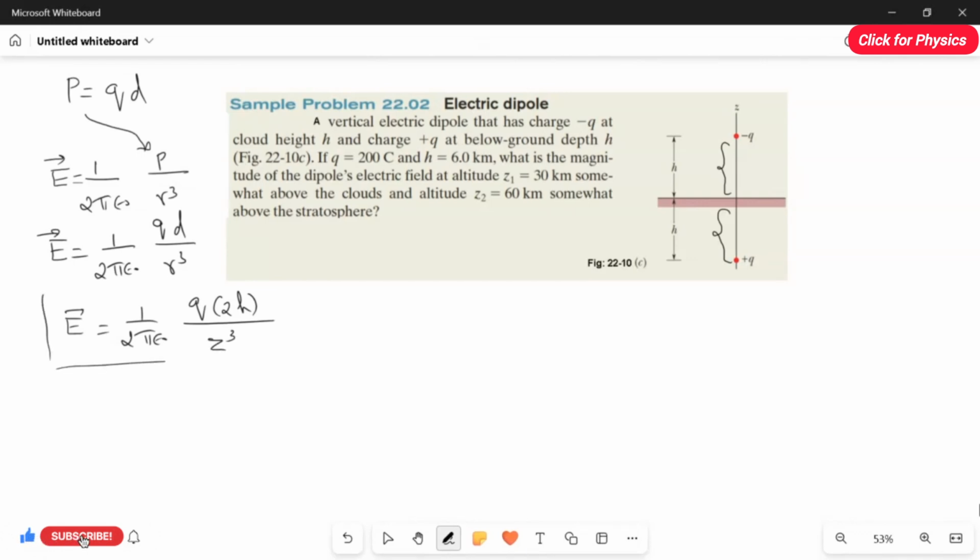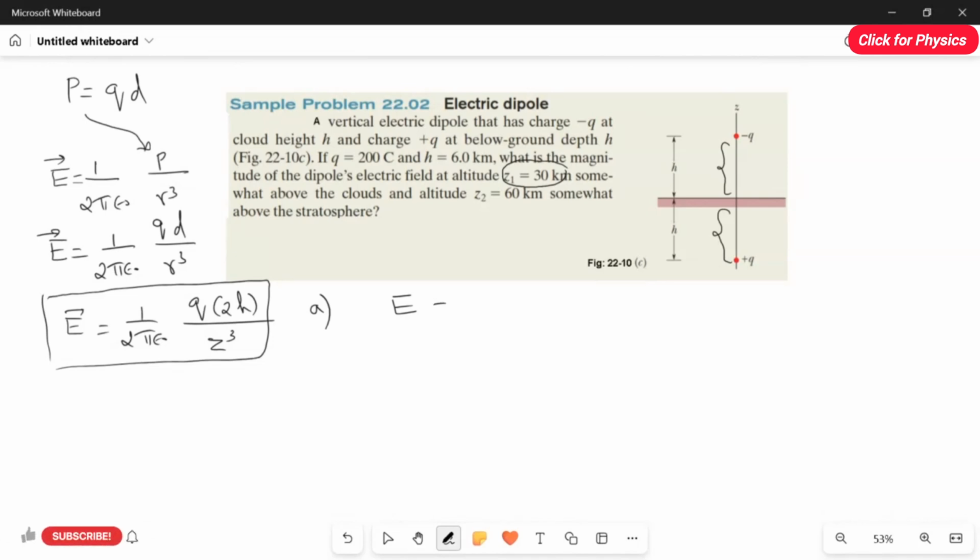Now I'm going to use this formula for finding the electric field due to the dipole. Let's consider the first distance, which is z1, equal to 30 kilometer. So I have to use this formula. I can use the letter A for the first height and then B for the second height.